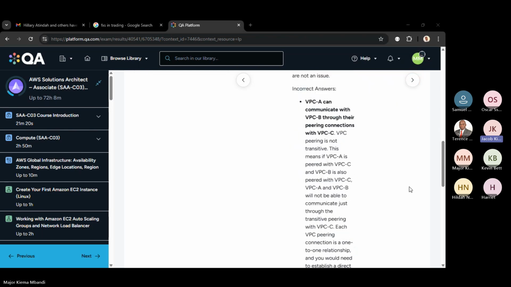So scroll down, incorrect answer. VPC A can communicate with VPC B through their VPC peering with VPC C. VPC peering is not transitive.